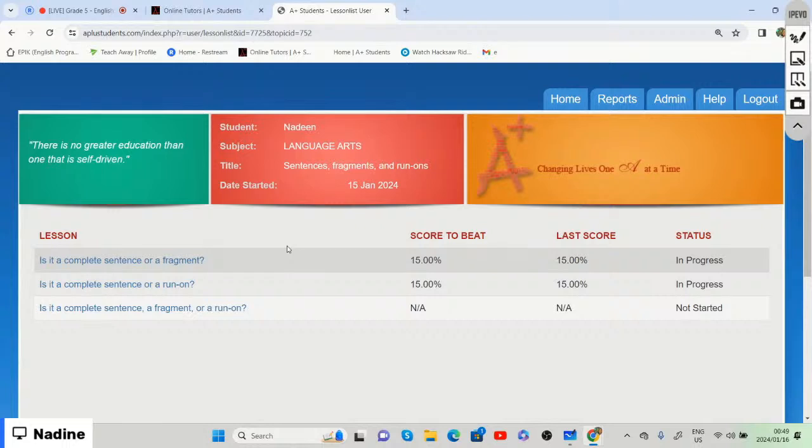Then we have a fragment which does not express a complete thought. All right. So this is the end of our lesson on sentences, fragments, and run-ons.